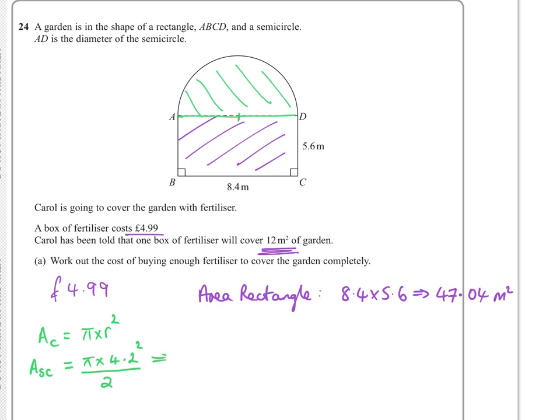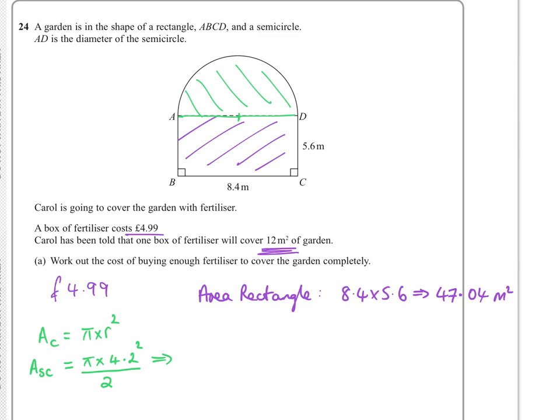And we can work that out on the calculator. You find your pi button, which is always difficult for me to find. There it is. So pi times 4.2 squared.